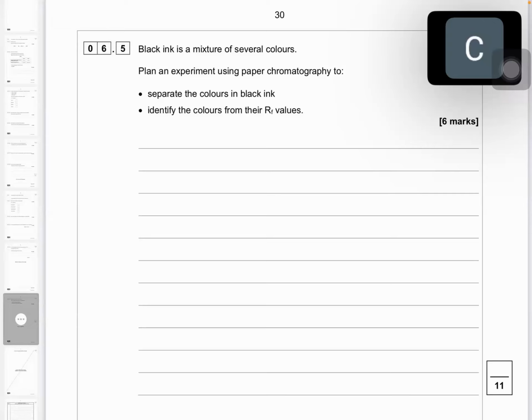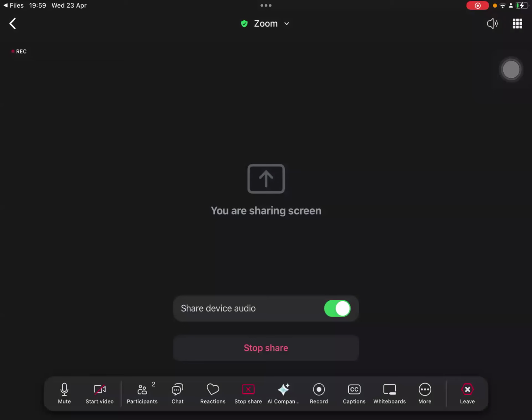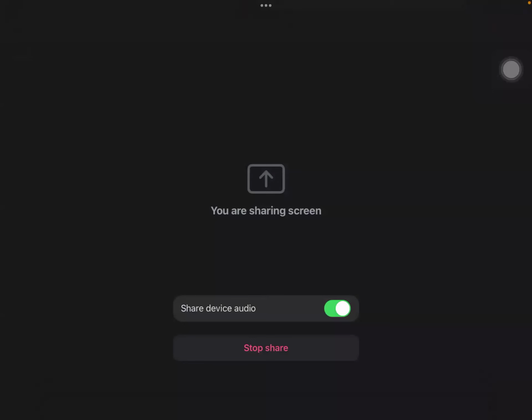Put a small black dot of ink on the pencil line. Put a small volume of water or solvent in a beaker. Place chromatography paper in solvent. Leave to run. Mark position of solvent front. Remove the paper from the beaker. Leave to dry.